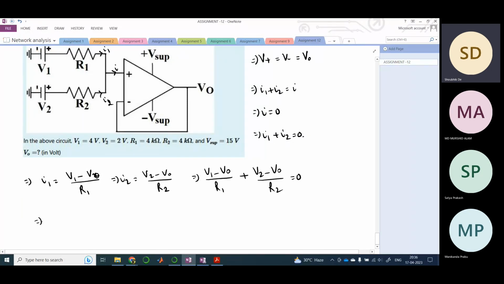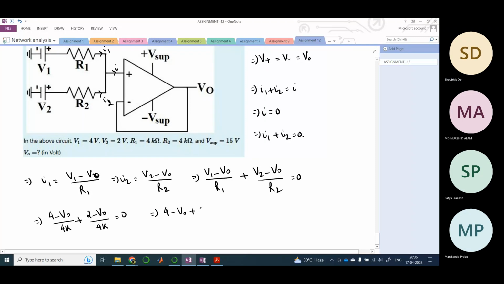Just substitute the values. 4 minus V0 by 4k plus 2 minus V0 divided by 4k is equal to 0. So essentially 2V0 is equal to 6. So V0 is equal to 3 volt. This is the final answer.